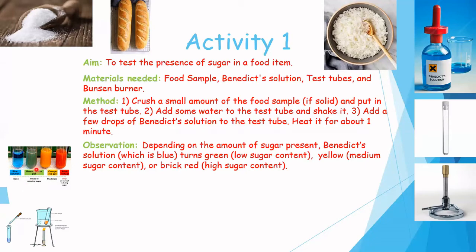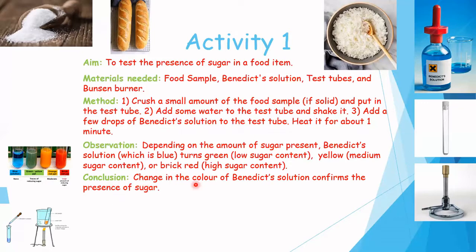And in the second one, there are some traces of sugar, so it is green. In the orange one, there is moderate, which means medium sugar content, and the last one is brick red, which is very high sugar content.